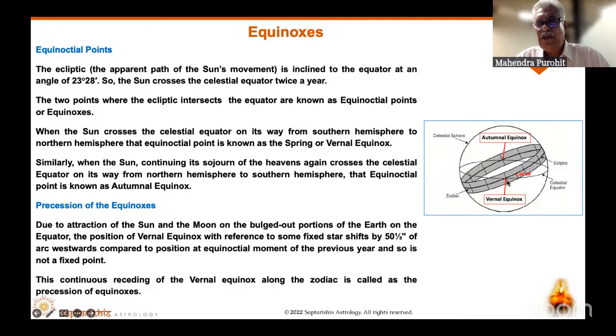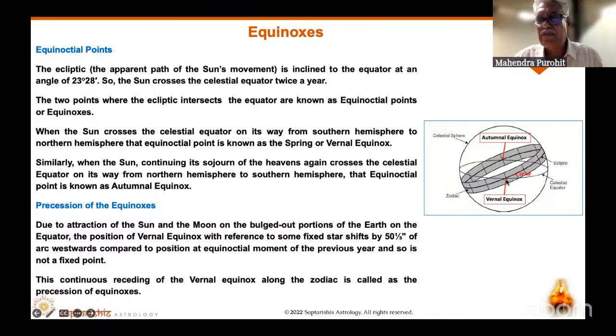They are the points of intersection of the ecliptic and the celestial equator. On these 2 points the day and night will be equal, and they come around in March and September, 21st March and so on.